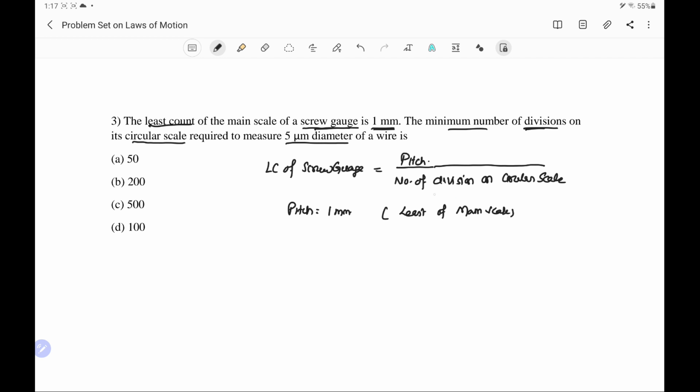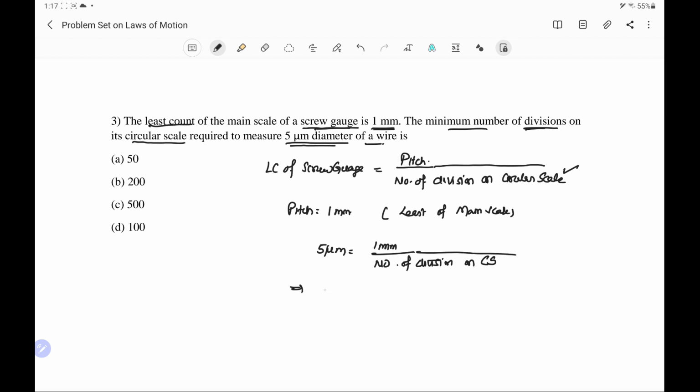And we have to find the number of divisions on the circular scale so that we can measure the 5 micrometer diameter of the wire. Therefore, 5 micrometer is equal to pitch, that is 1 millimeter, divided by number of divisions on circular scale.